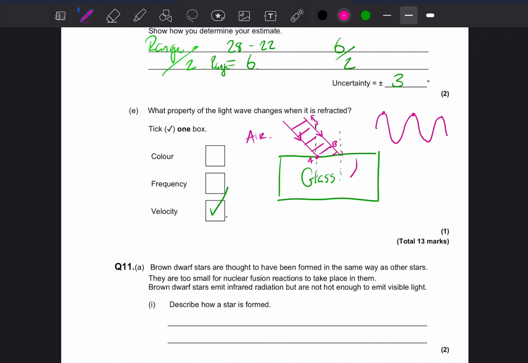So what you do is you just sort of draw that line happening. So it's slowed down, and then we follow that down, so we'd have our refraction like this. So A slowed, and then they're going to get closer together, sorry, because now they're going slower, so they're getting closer together.